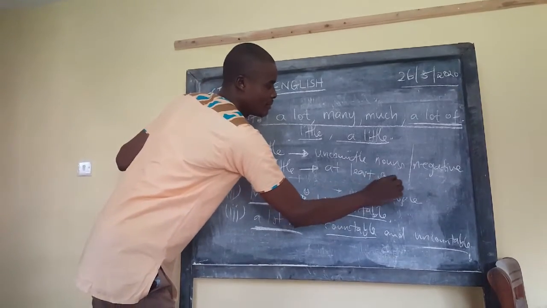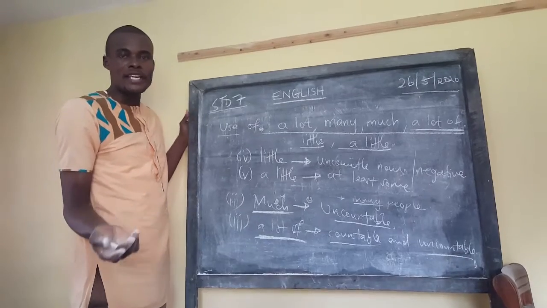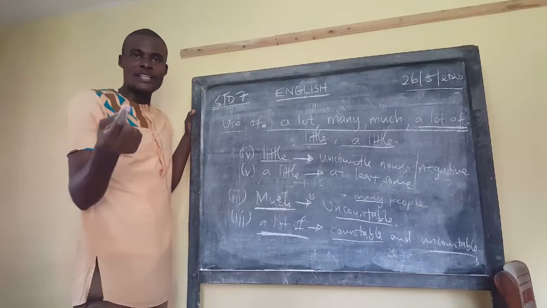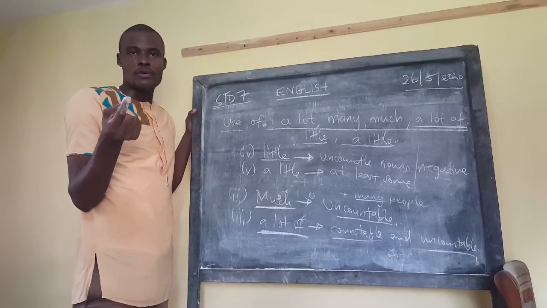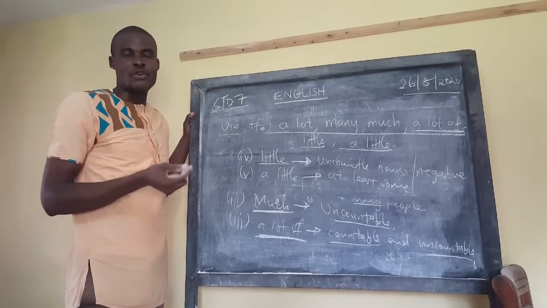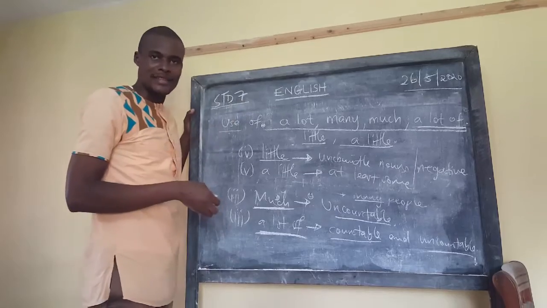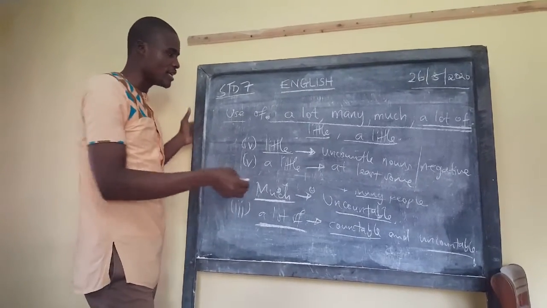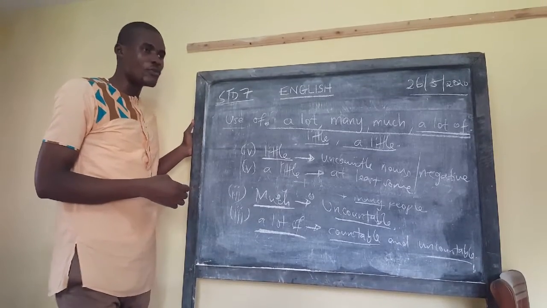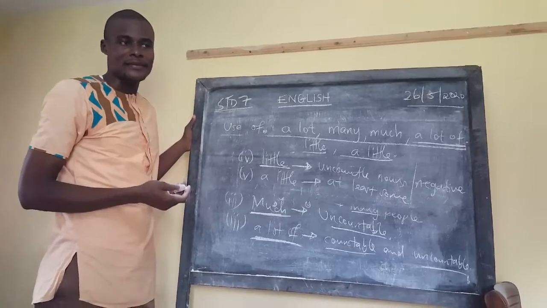You talk of "there is a little water left," meaning there's some that can even cook tea. But with little, the one remaining is not even able to cook a cup of tea. It is almost nothing that is remaining. That's why we say little always makes a sentence negative. "We have little salt left" means it is almost nothing.